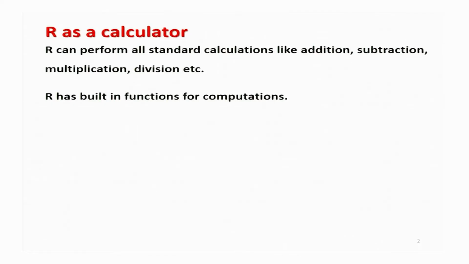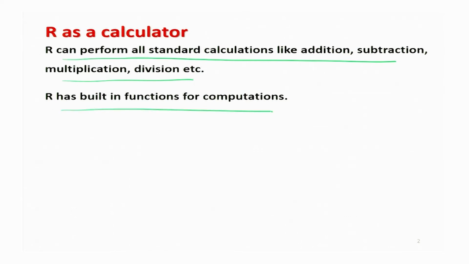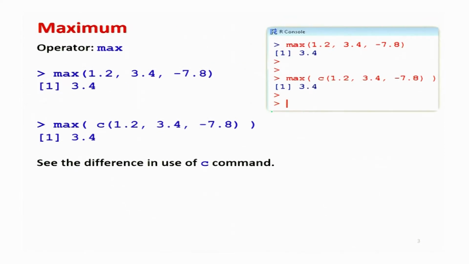As we have learnt, R can perform all types of standard calculations like addition, subtraction, multiplication, division, power operation, modulo division, integer division, etc. And R also has some built-in functions for computation. So let me take a couple of examples to explain.